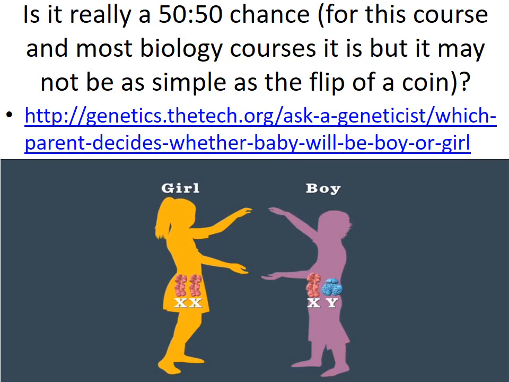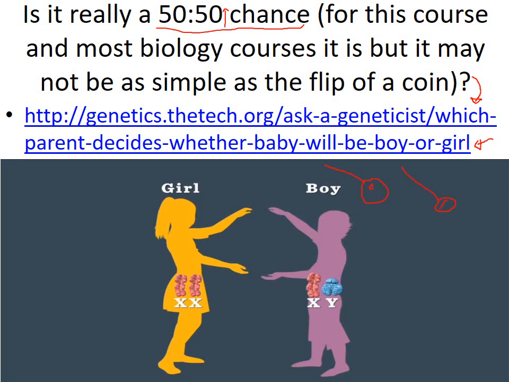Now, in reality, there actually seems to be more boys than girls in the population, so it might not actually be 50-50 like we think. It might be a little bit higher for boys than it is for girls. And so there's a neat article here you can read to find out more about it. One interesting theory is that sperm that contain the Y chromosome have a smaller chromosome than sperm that contain the X chromosome.